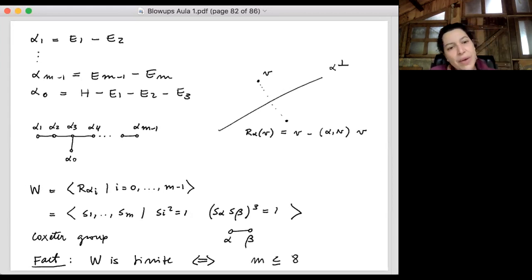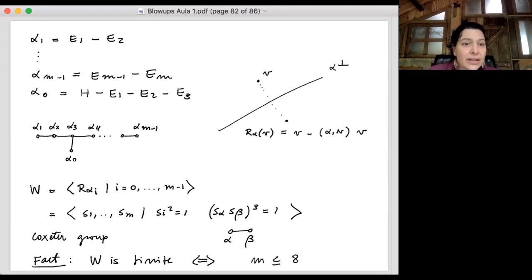So as soon as you have more than 8 points, when you have 9 points, then when you look at the group generated by these reflections, this is an infinite group. So this is precisely why, when we had 8 points, we could perform enough Cremona transformations to construct -1 curves of arbitrarily large degree.